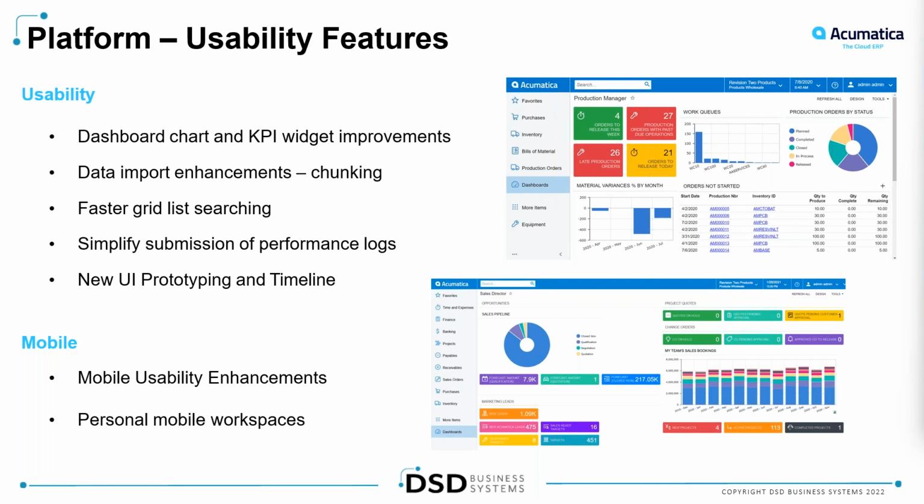There are also more out-of-the-box dashboards coming within the 2022 R1 footprint. So there's an entire series of manufacturing production dashboards and other functional areas, as you see in these two slides, a production manager and then a sales director that can be brought into your footprint that are naturally part of Acumatica or can be taken out of the Acumatica demo data.